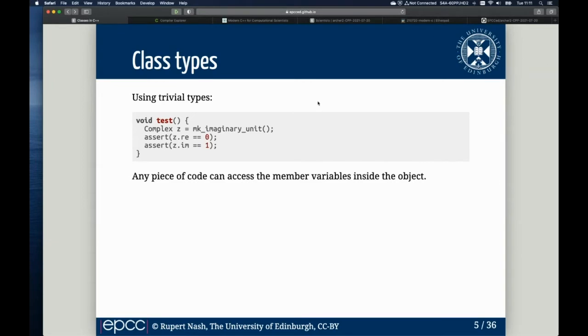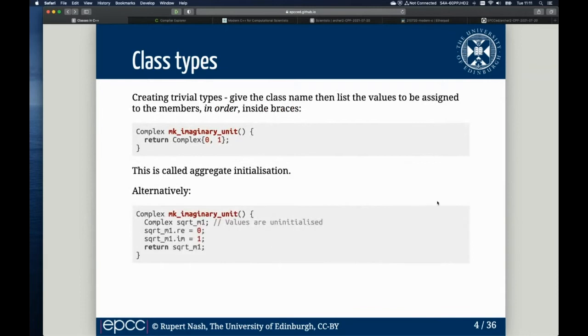There is no constructor here. A constructor is a term that has a particular meaning, and this is not a constructor. This function, make imaginary unit, I guess you would call a factory function, since it makes a complex number for you.